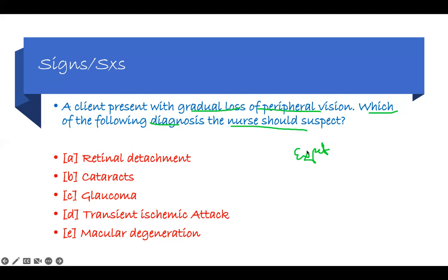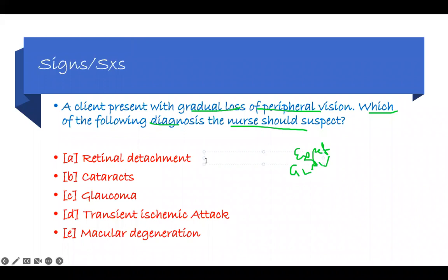Which diagnosis should I suspect? Okay, then I write it down: gradual loss of peripheral vision. And then what should I expect? You look at the answer choices, there's a bunch of diagnoses. I don't know. So I will give you the easy way to answer this question.